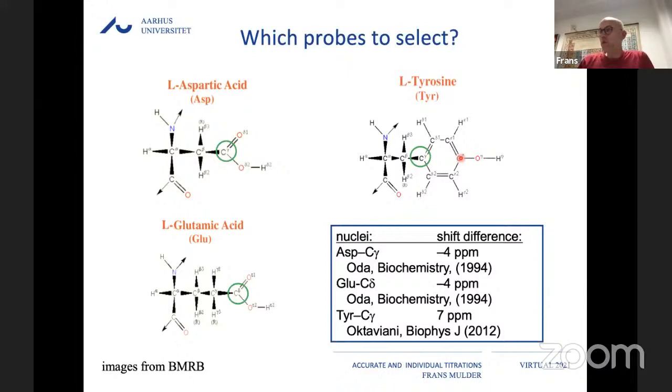But what we observed in an IDP like alpha-synuclein, for example, is that the pKa's of aspartate and glutamate residues are moved by about 0.4 pKa units, which is very common.